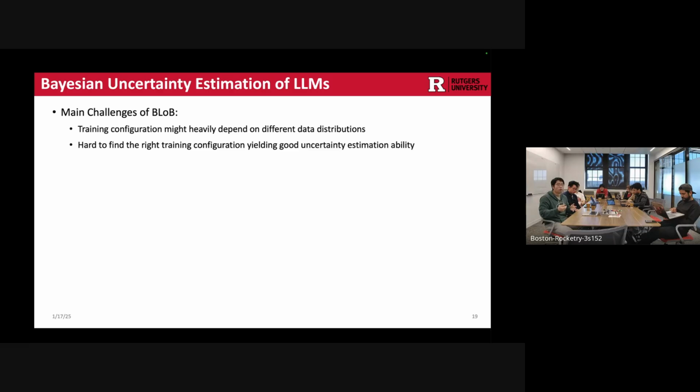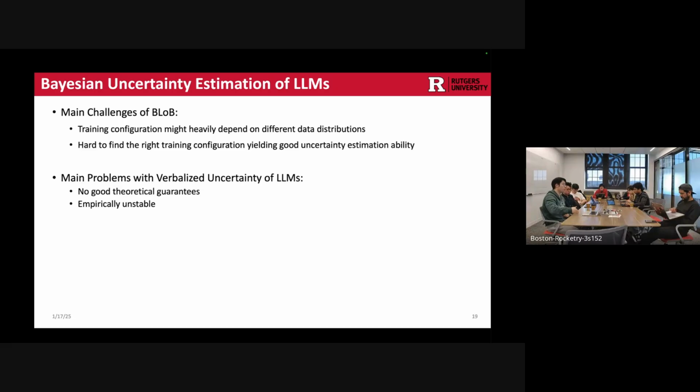Usually it's very hard to find the right training configuration to have a good uncertainty estimation ability. Because if your training is not right, then probably your variational distribution will collapse to a point estimation of the weights, and your prediction is not that diverse, and then there's no accurate estimation of the predictive distribution.